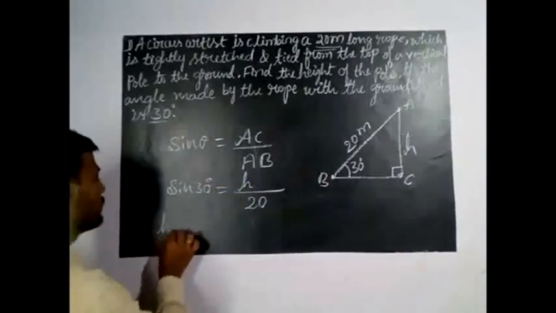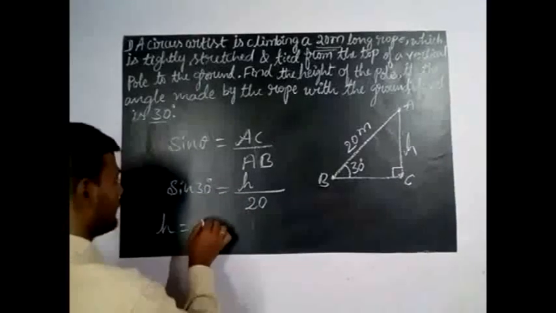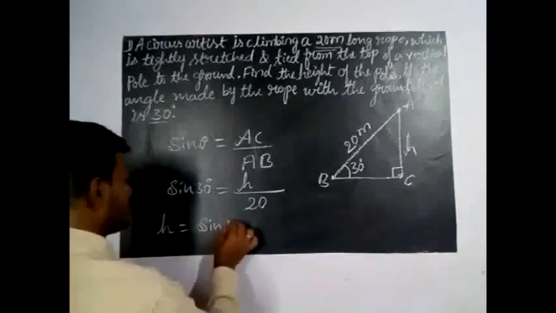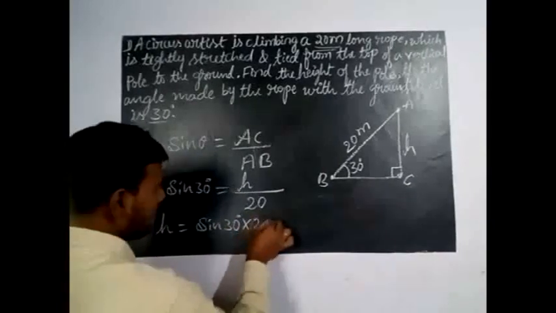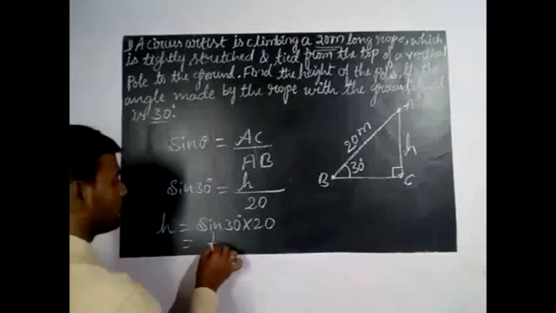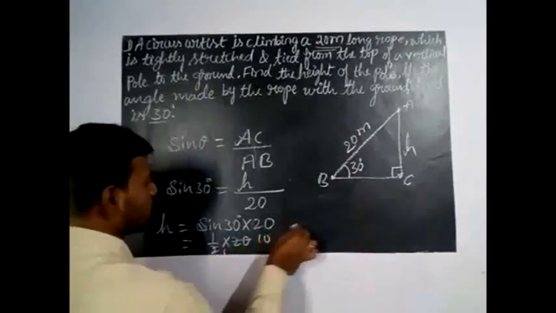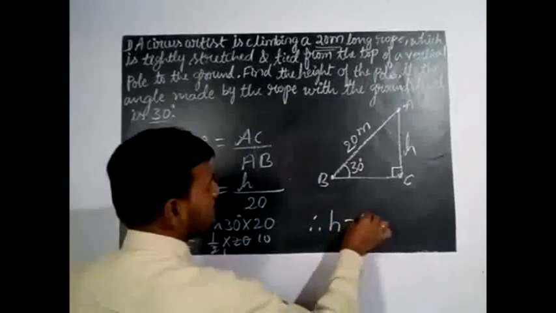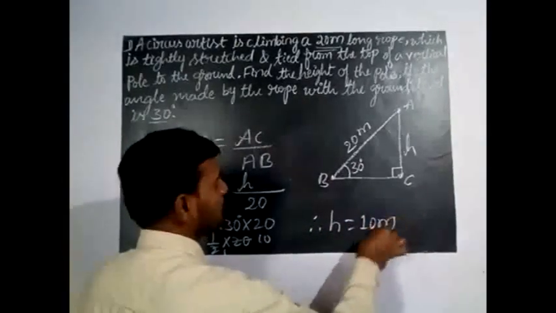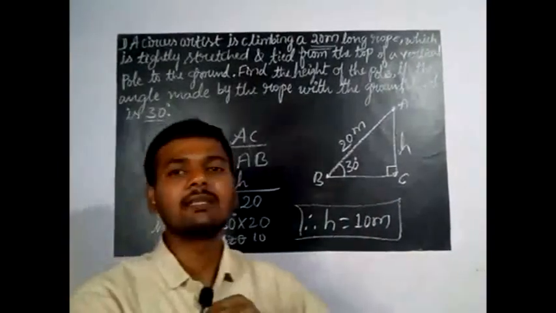H is equal to, cross multiplying to the left side, sin 30 into 20. Now sin 30 value is 1 by 2, into 20. 2 ones are 2, tens. Therefore, height is equal to 10 meter. Therefore, the height of the pole is 10 meter.